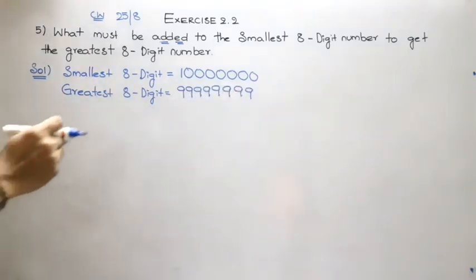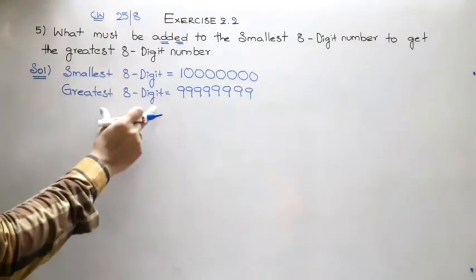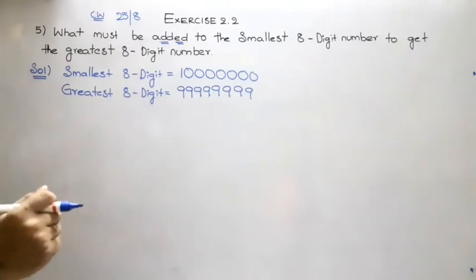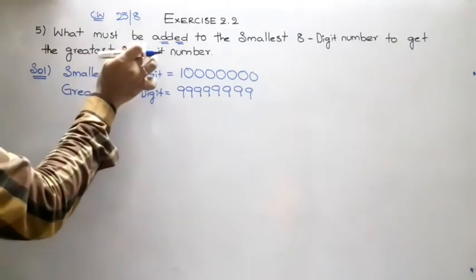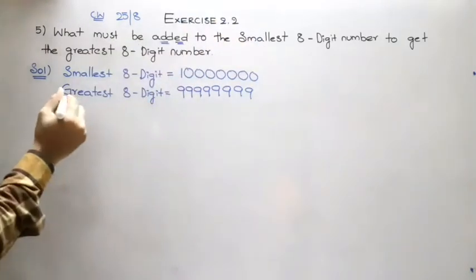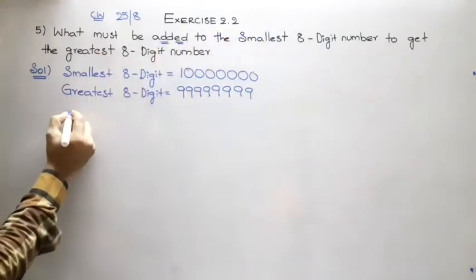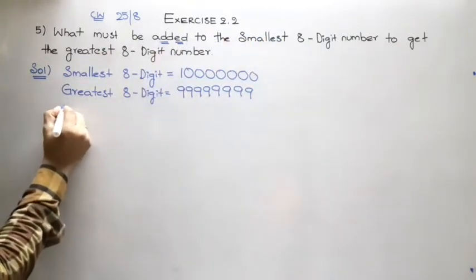So now we have the smallest 8-digit number and the greatest 8-digit number. Now, what must be added to the smallest 8-digit number?